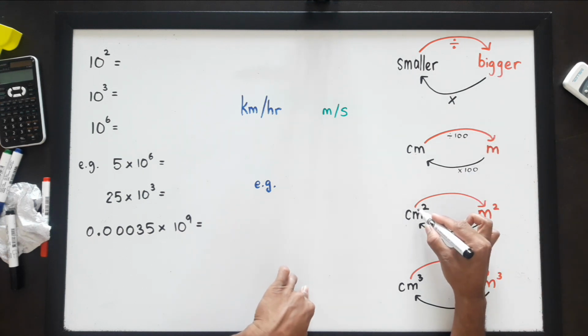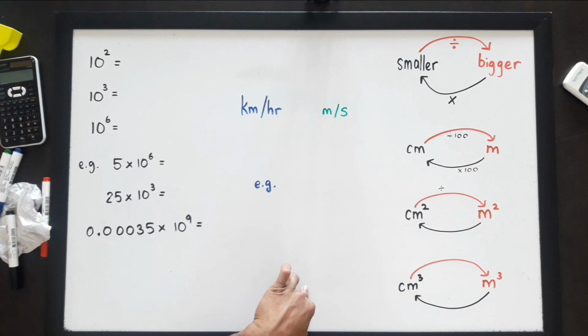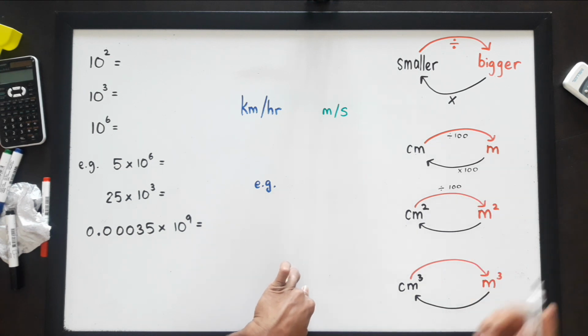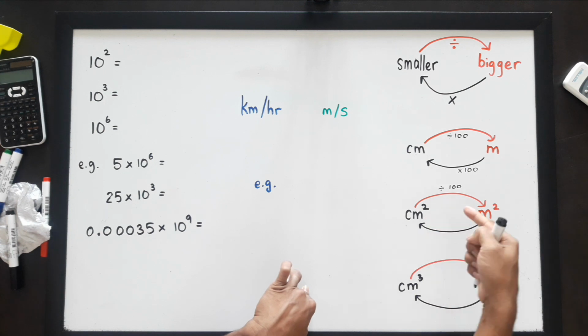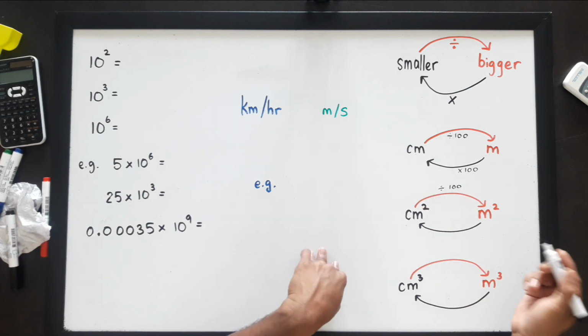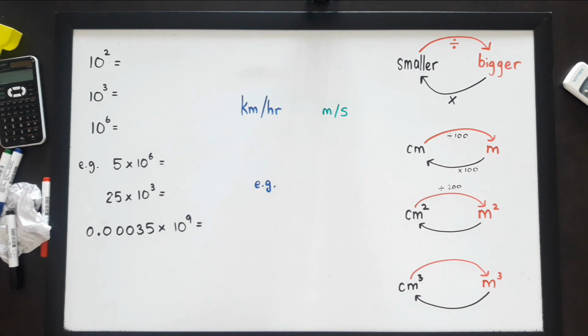So when you are converting centimeters squared to meters squared, we have to divide. But the mistake students make is they still divide by 100 because they think centimeters squared and centimeters are the same thing. Other students will say, well, it's a square, so instead of dividing by 100, I'm going to divide by 200.